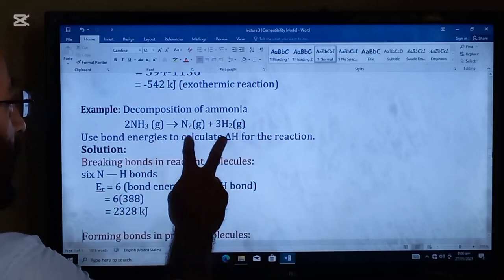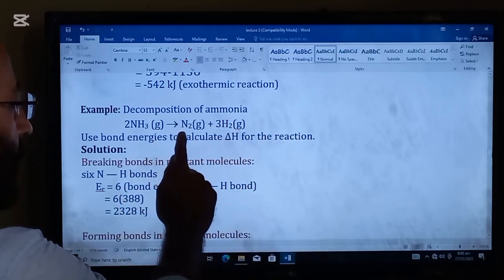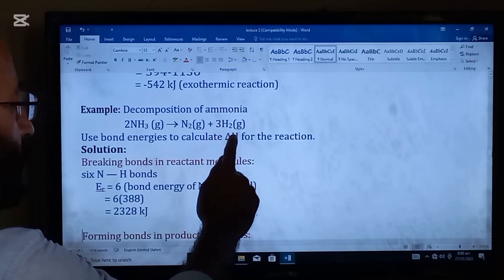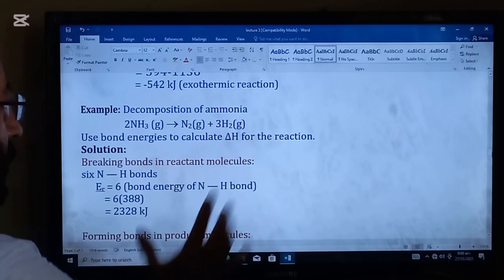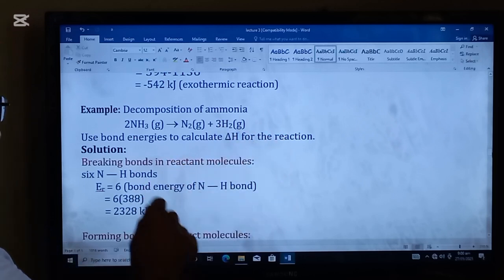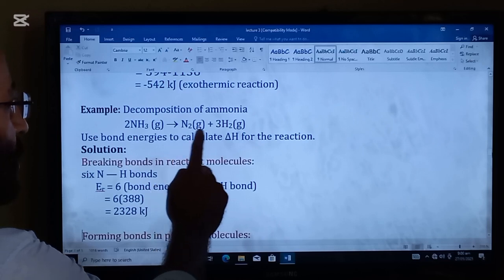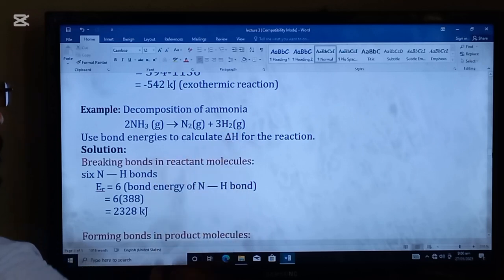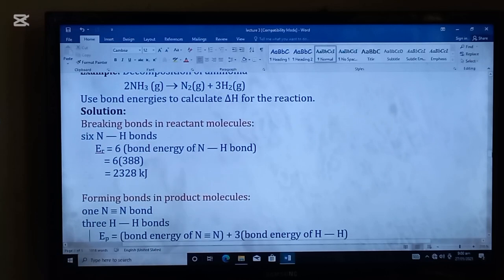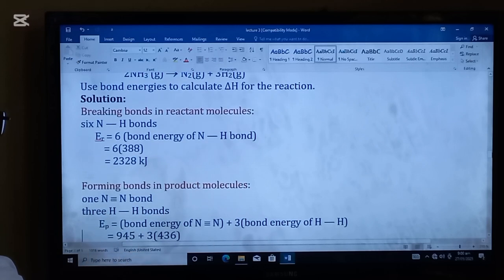On the right side we have 1 N≡N and 3 H-H bonds. So now we want the N≡N bond energy and H-H bond energy. Look now, 1 N≡N bond and 3 H-H bonds are there.